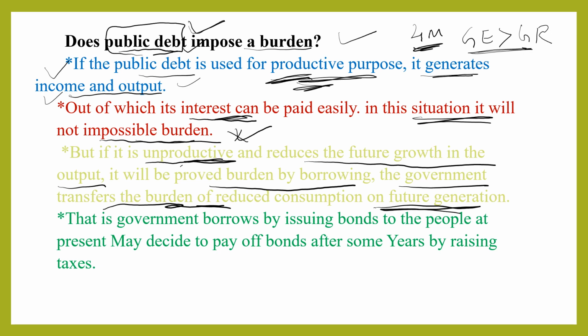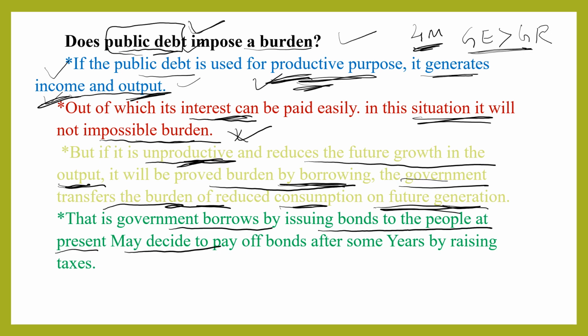Now if they are using it for unproductive purpose, definitely it will not generate income and output, as we discussed with respect to productive purpose. So then this borrowing is a burden, because the government transferred the burden of reduced consumption on future generation. How? The government borrows by issuing bonds to people at present and may decide to pay off these bonds after some years by raising taxes.